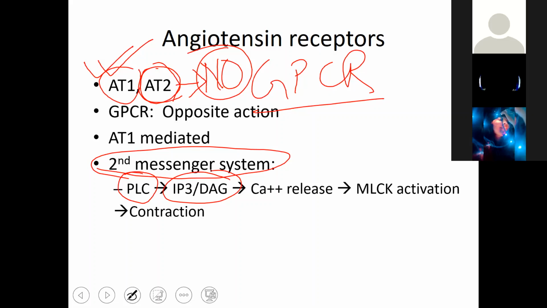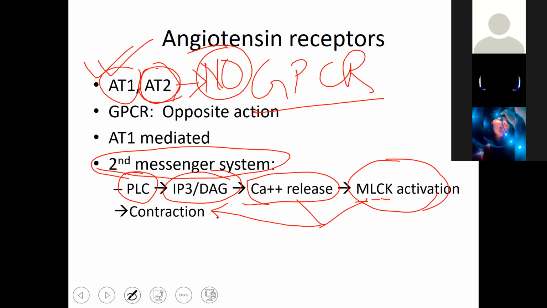This increases calcium release, and the increased calcium causes MLCK, that is myosin light chain kinase, activation. Because of this activation plus increased calcium, there is interaction of actin and myosin. We'll see that next.